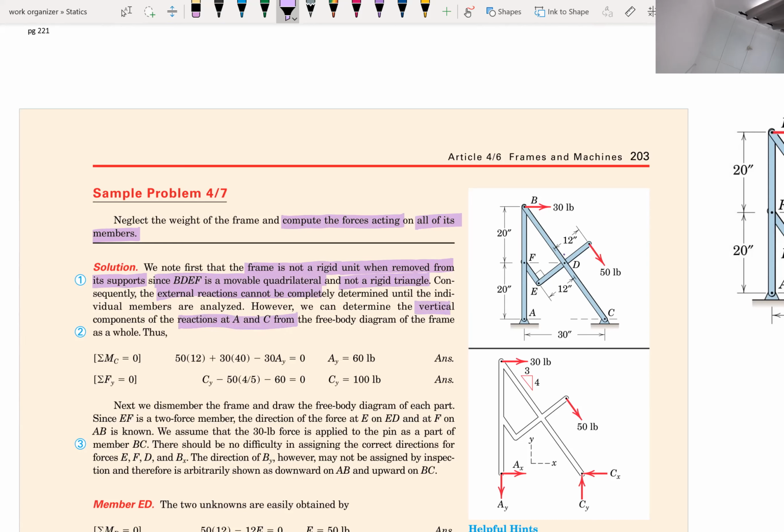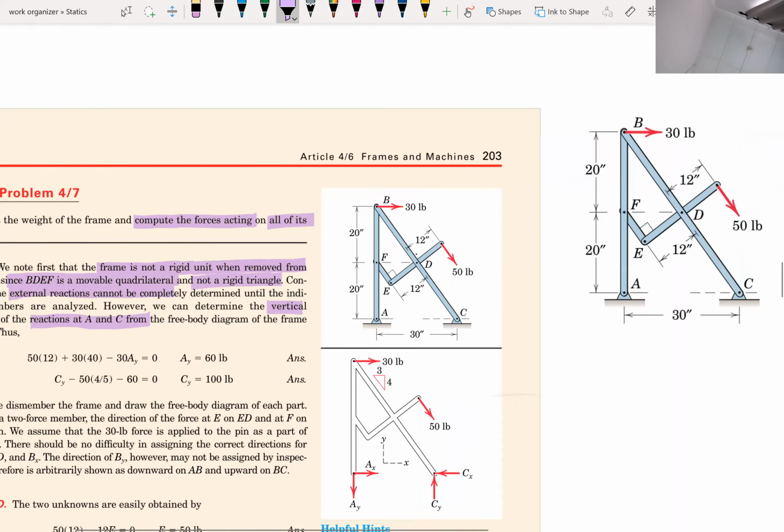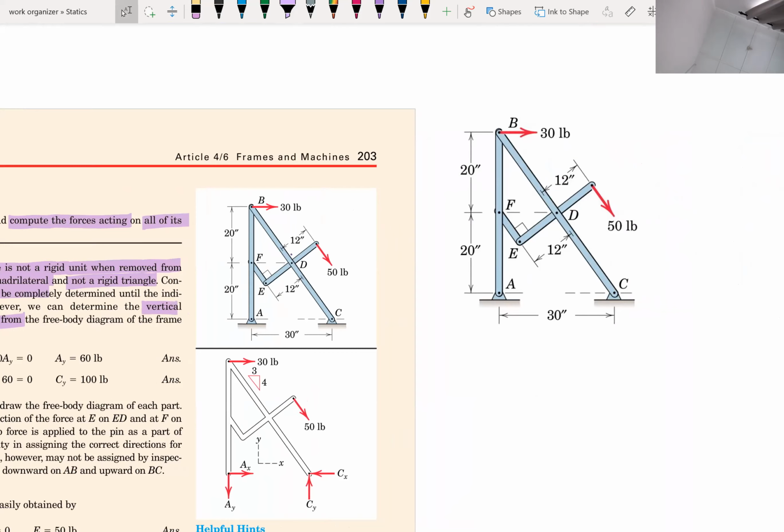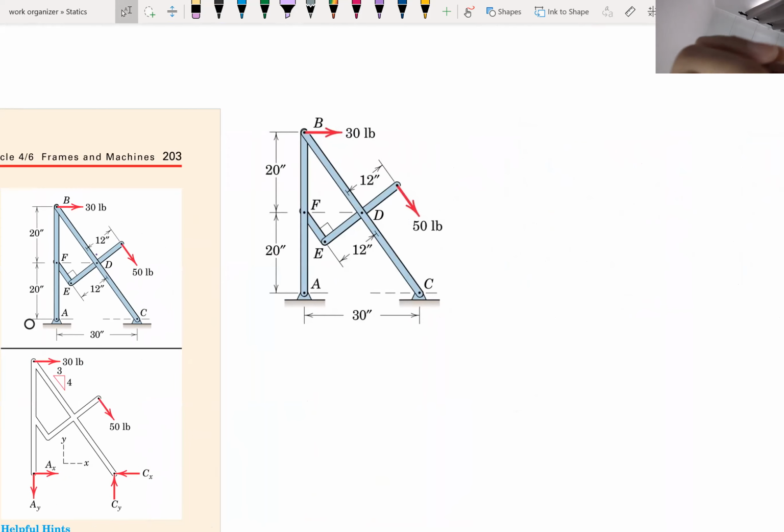So this is the structure. First, when we identify there is a support, we have to identify the forces. Let's say the support has two forces, Y and X. Let's say this one is in this way and this one in this way, so this one must be opposite.